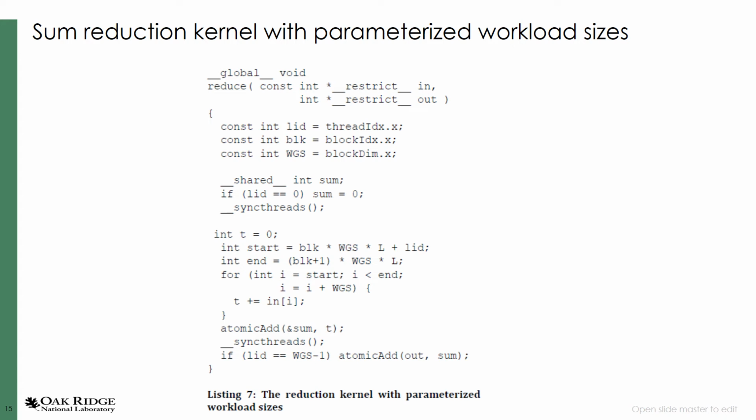The sum of integers is stored in an intermediate variable after atomic addition has been performed by all work items in a workgroup. The last work item in each group atomically adds this partial sum to the output.